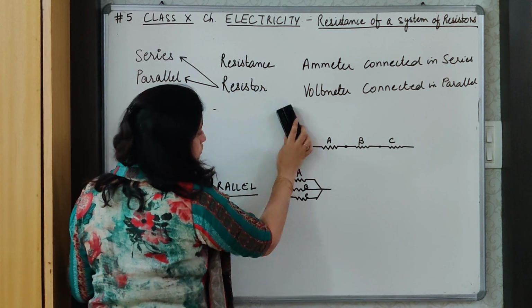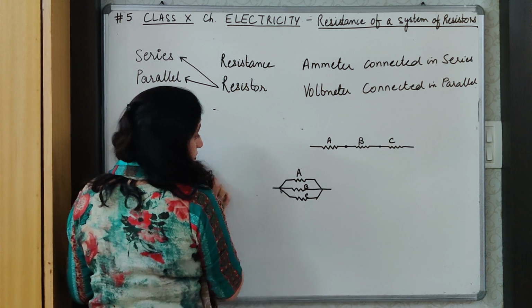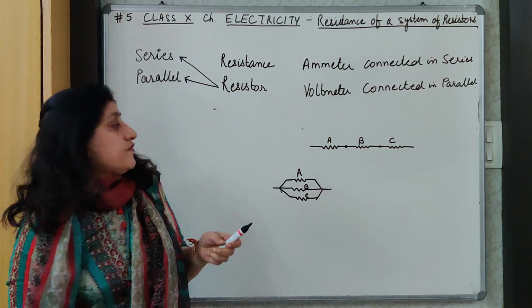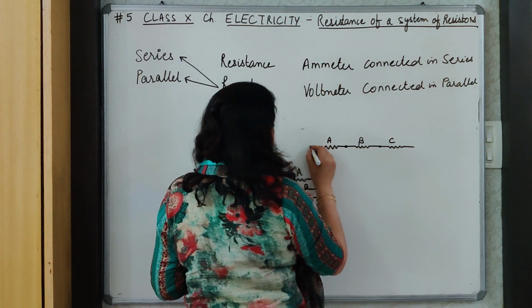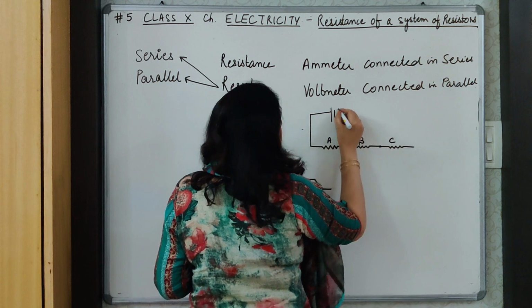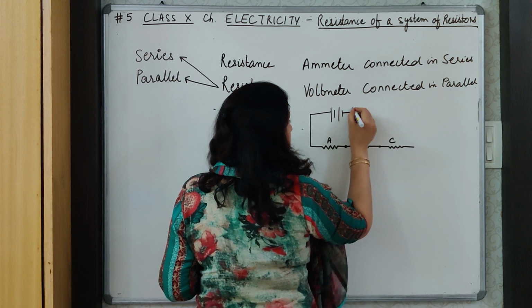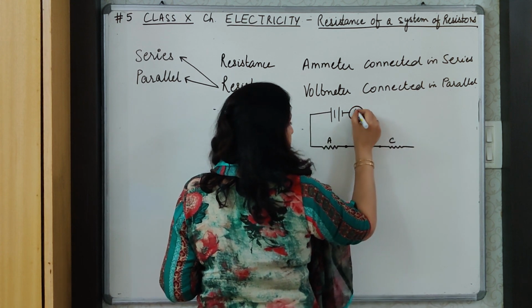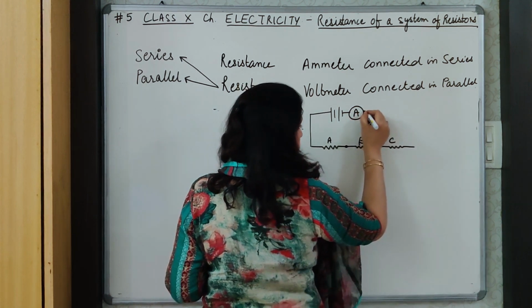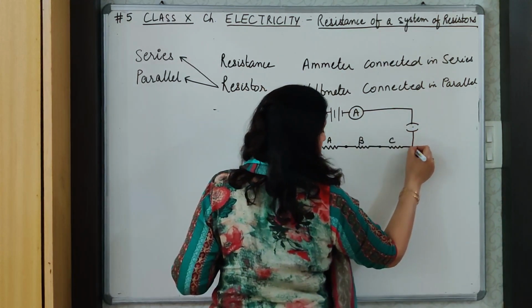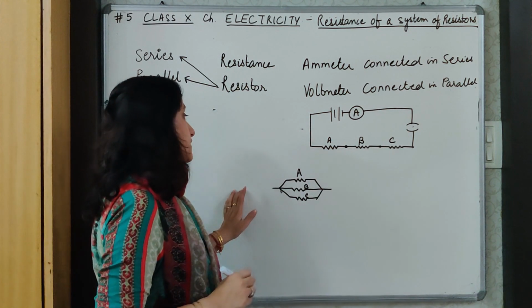Suppose I have these two circuits. One is the series circuit and the other is the parallel circuit. If in the series circuit I have here the battery and I connect an ammeter over here, I have a switch and the circuit is complete.